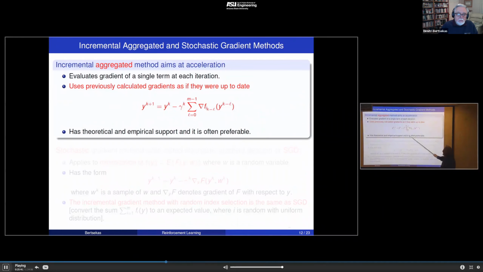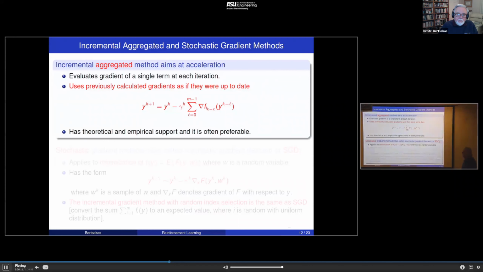And people have published a lot of theoretical research and also supported the findings of the research empirically, and it is often preferable to the method that uses a single component gradient. It involves more overhead. It involves some memory. It has some drawbacks, but this is a method that is competitive and perhaps better in some situations.